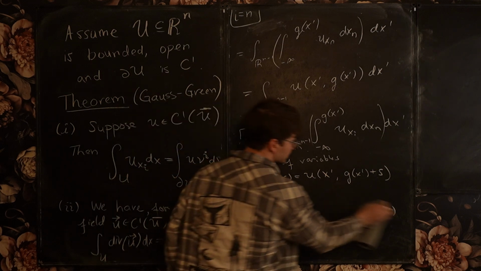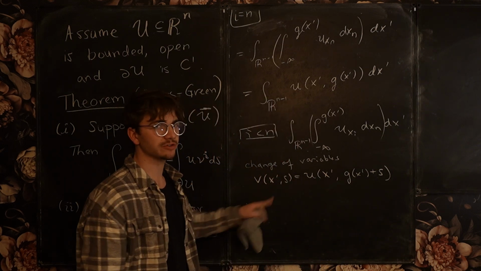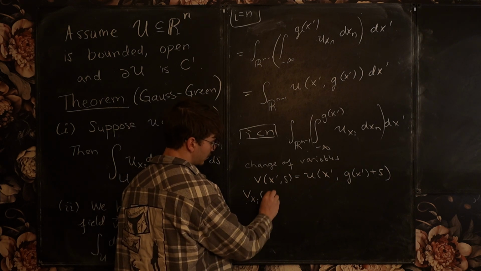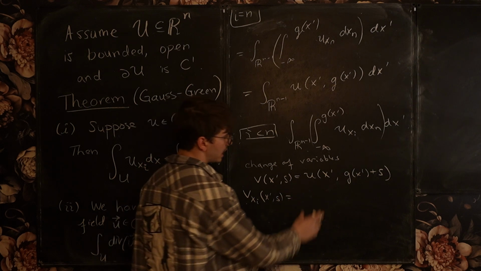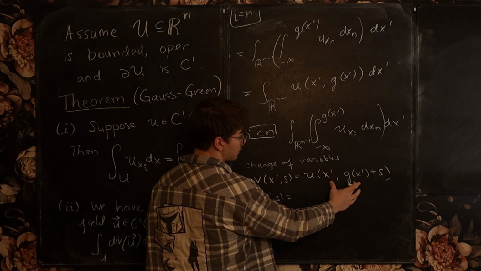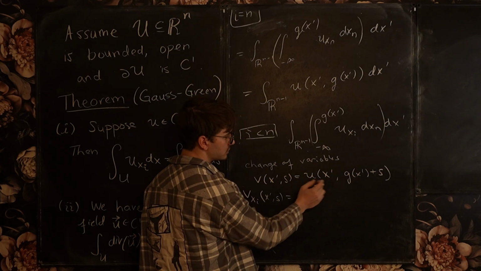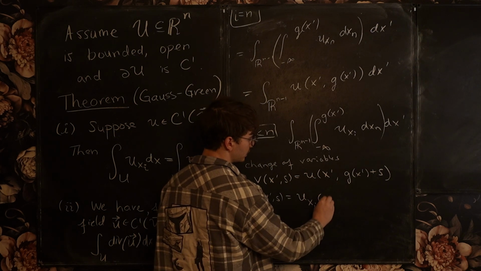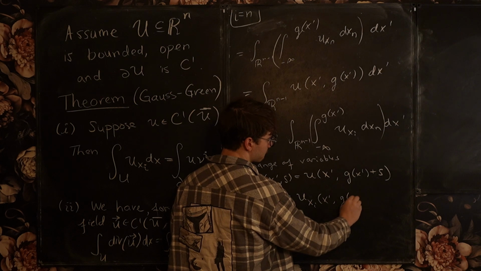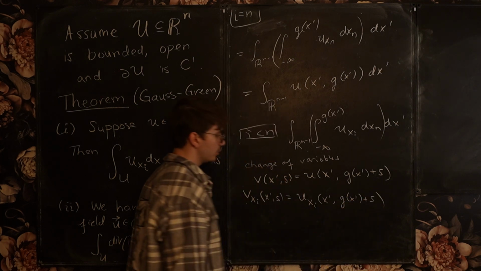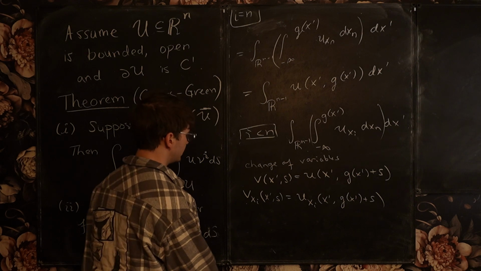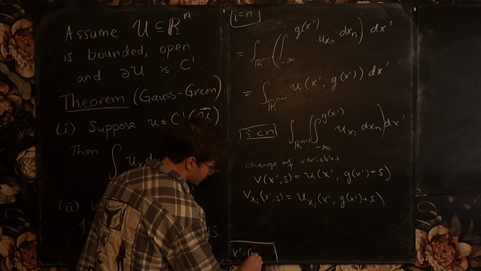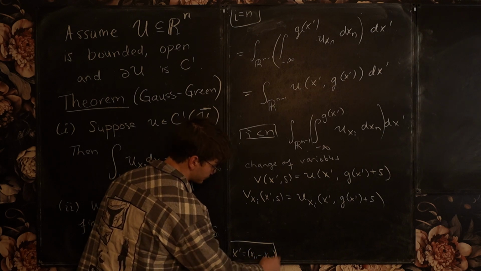Now, to do this precisely, we need to take the derivative of v with respect to xi. When I take the derivative of v with respect to xi, I need to use the chain rule. I first have the partial derivative of u with respect to xi of this expression, where remember that x prime is x1 through xn minus 1.